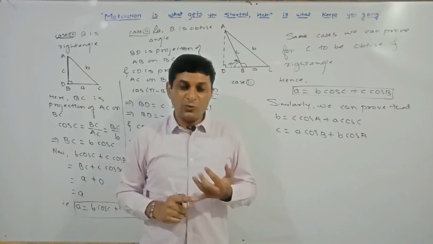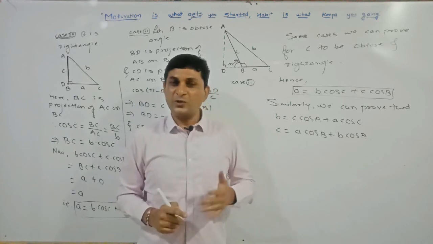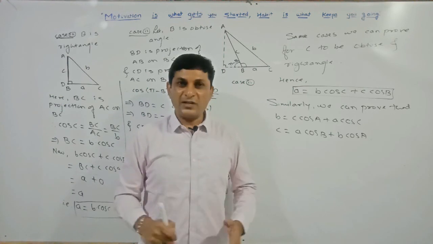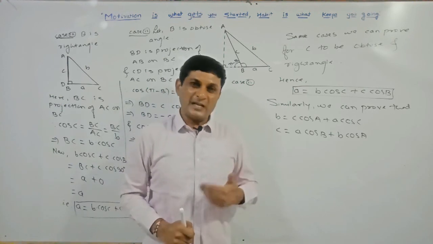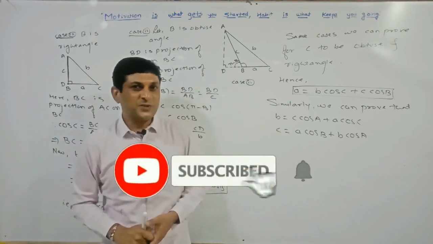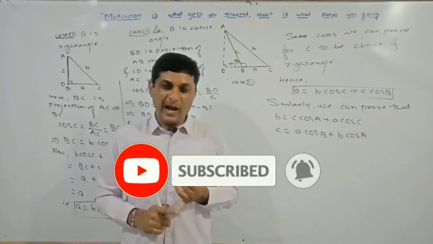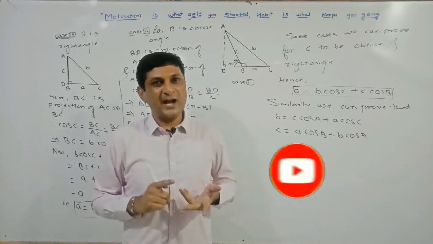So the cosine rule, sine rule and projection rule are some of the very important formulas which can be used while solving examples. In the next video we will prove applications of the sine rule, cosine rule and projection rule.